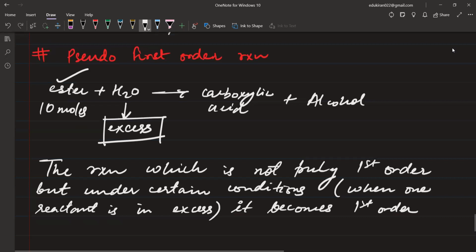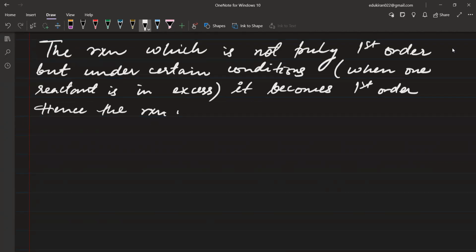Hence, the reaction is called a pseudo first order reaction.